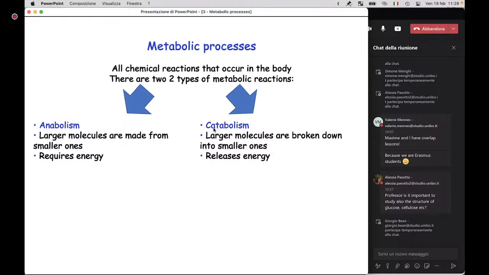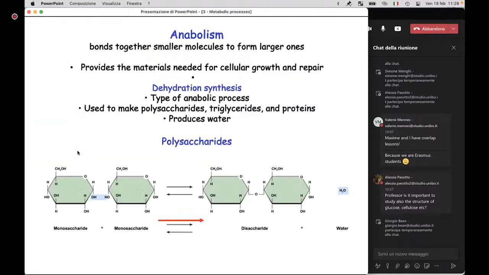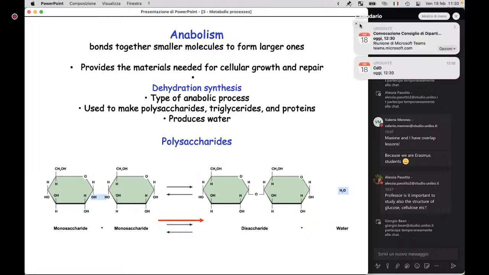And as you may imagine, the energy released by catabolism is used in anabolism to produce larger molecules as needed. So we have an example of anabolism. Anabolism means producing large molecules.